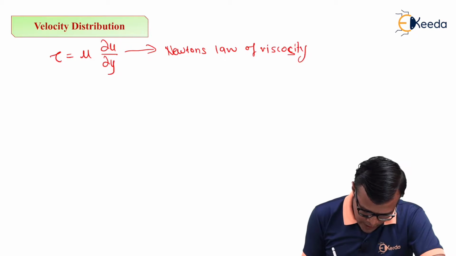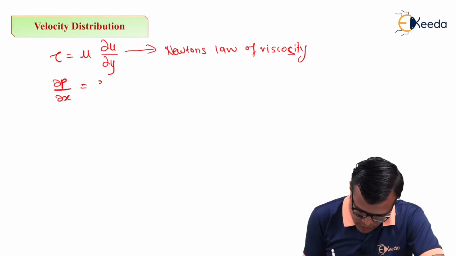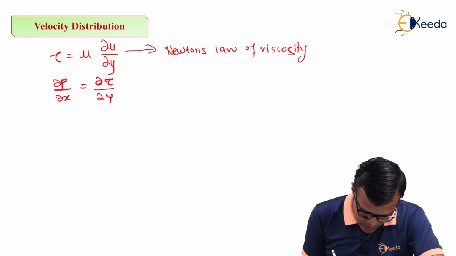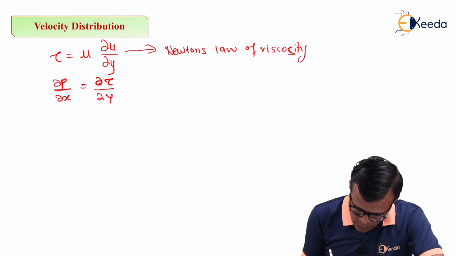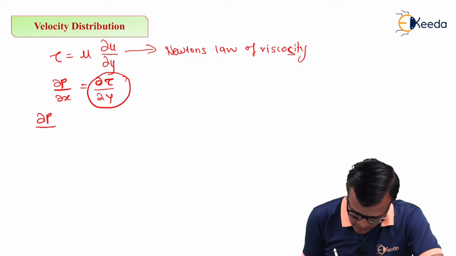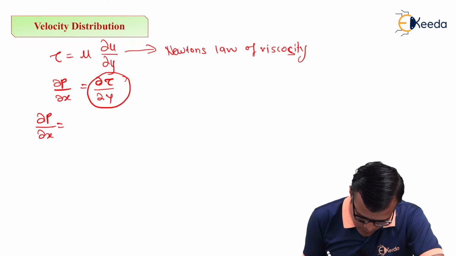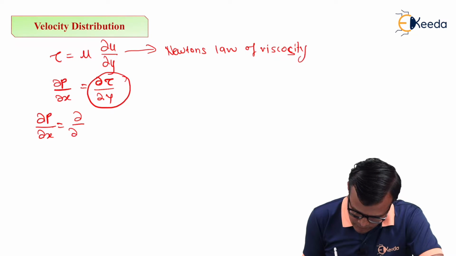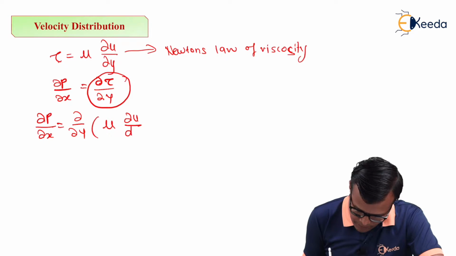We already know the equation delta p by delta x is equal to delta tau upon delta y. So this can be replaced as delta p upon delta x is equal to the partial derivative of tau, which is nothing but mu du upon dy.